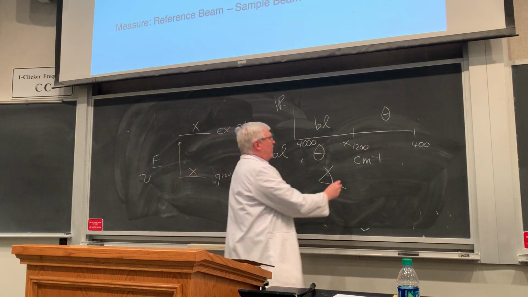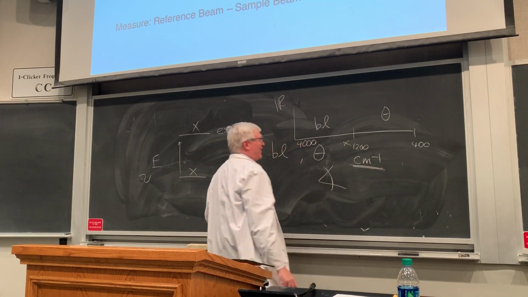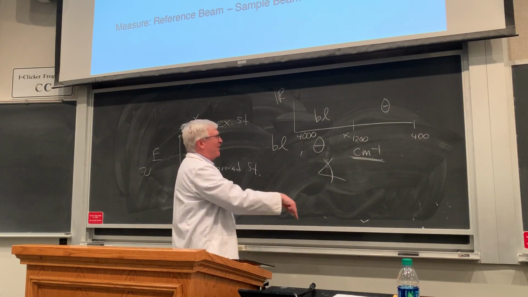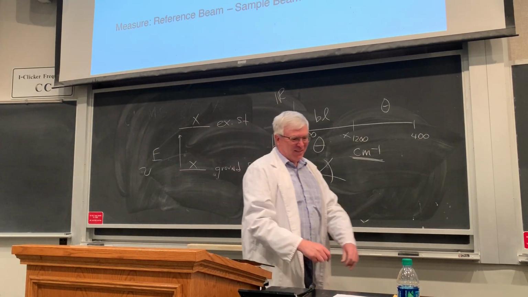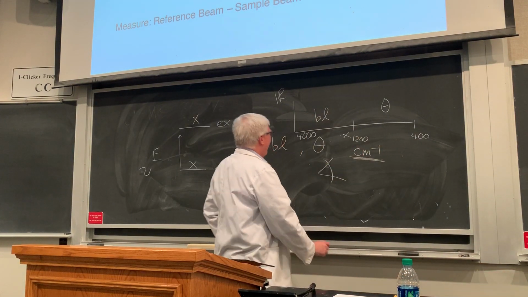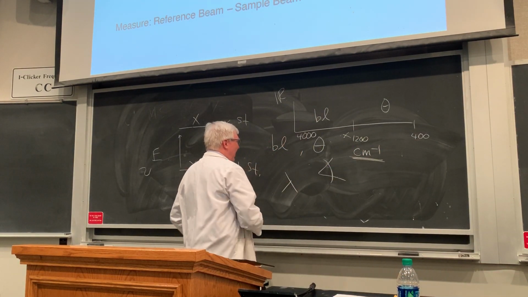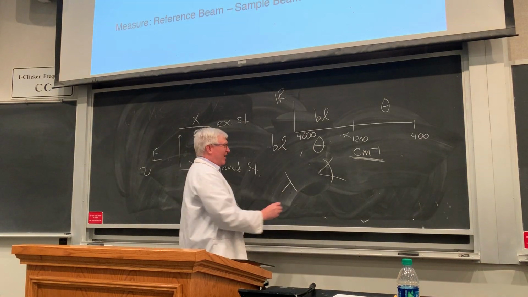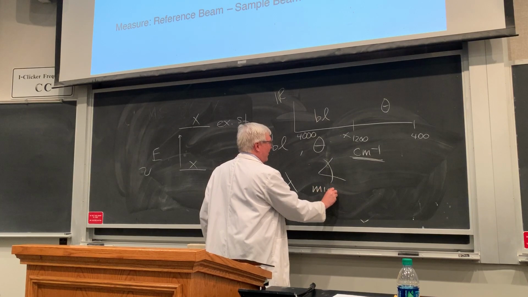Now, what about this unit right here? Centimeters, inverse centimeters, or centimeters in the denominator. Let's define that while we're at the board here real quick. So, in the old days, we had lambda values reported for IR. In the old days, these were called microns.